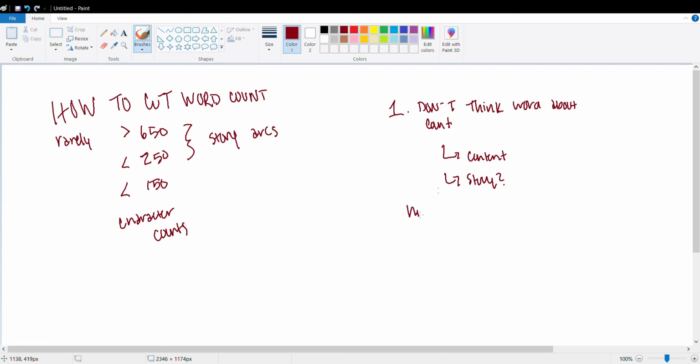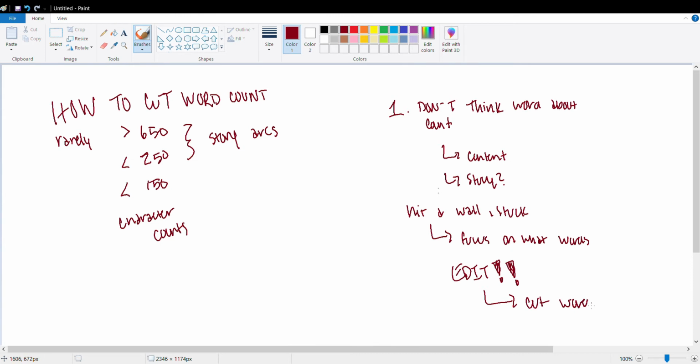You hit a wall because you focus too much on what words you want to use, and that's not helpful because you forget that there's an editing process and you can worry about the words later and fix those down. Hopefully a lot of you are in that editing stage currently, and that's where you want to cut words. So step one of cutting the word count is don't think about the word count.